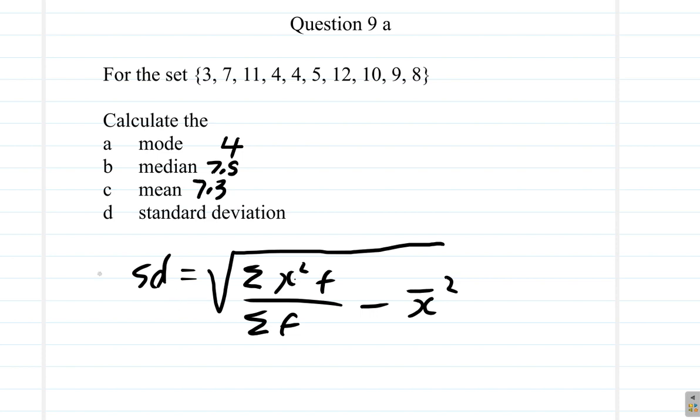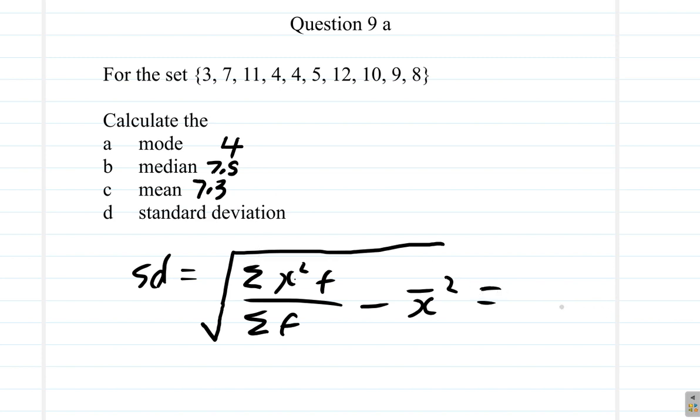Let me write the square root sign all the way down here. So here now, the sum of x squared f is just the sum of x squared, and the f would be 2 when you have 2 of them.